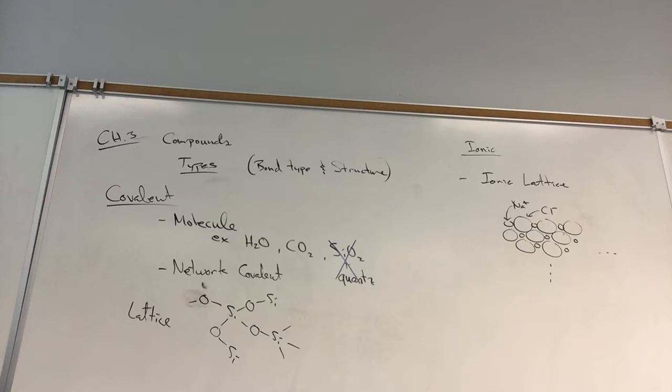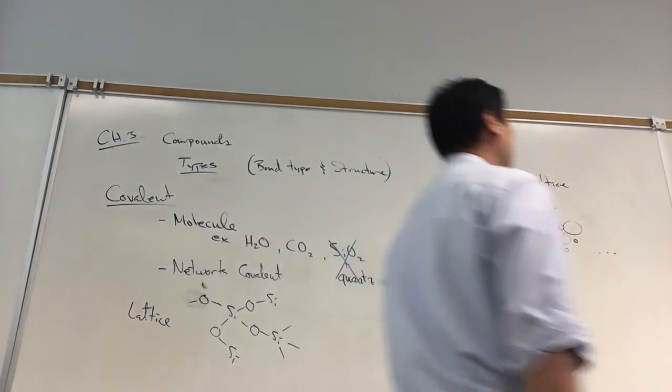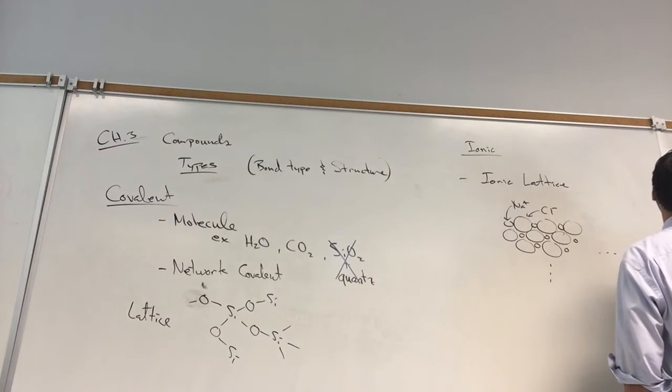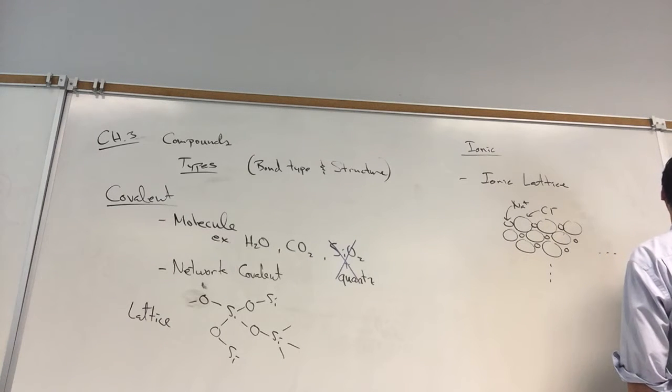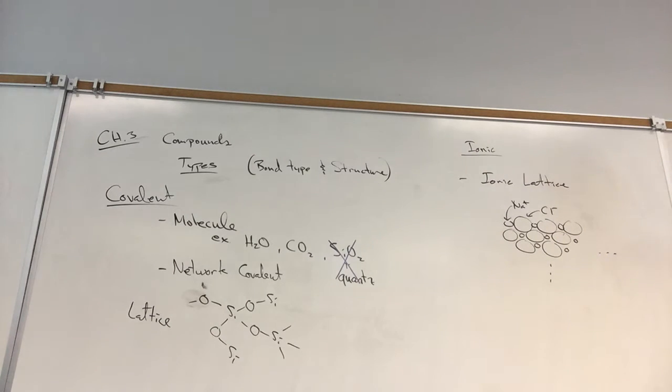We also have metallic bonds, but the problem with metallic is this. Metallic, you might have something like this, copper and zinc. Makes some brass. So I think brass, is that copper and zinc?